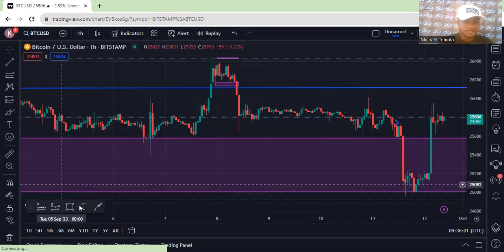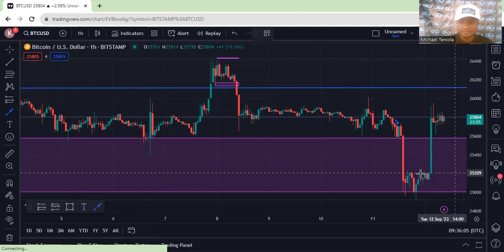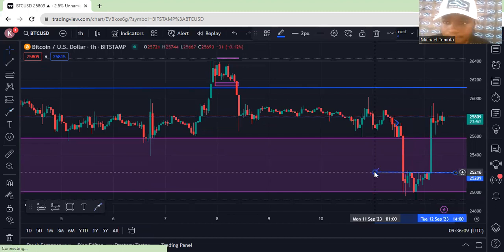As you can see, there's a break of structure in this region on our H1 chart. And this clearly indicates that the big bull is in control of the market trend at the moment on the H1 time frame chart.